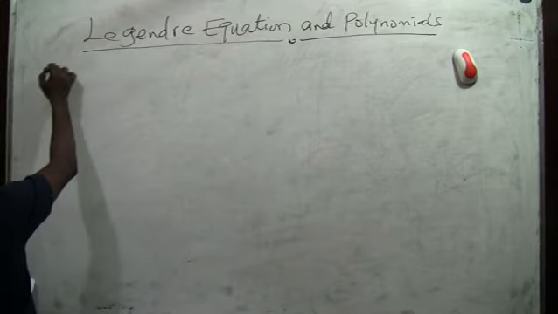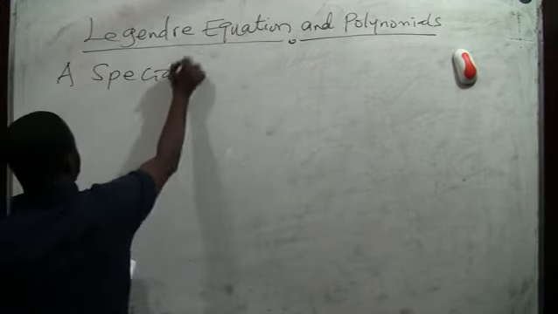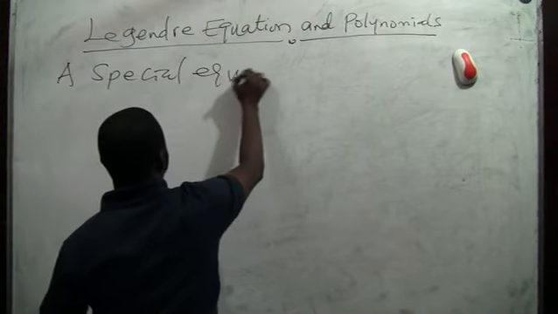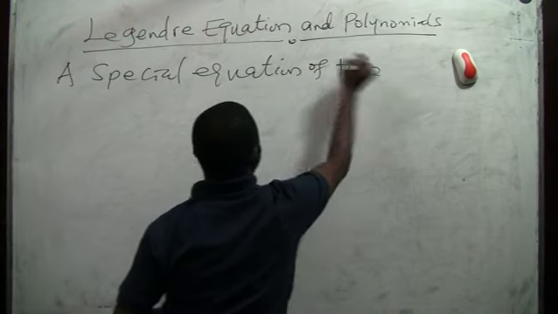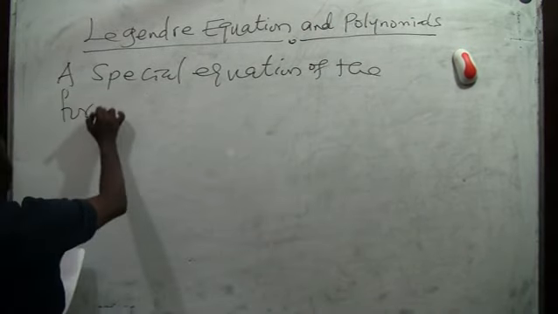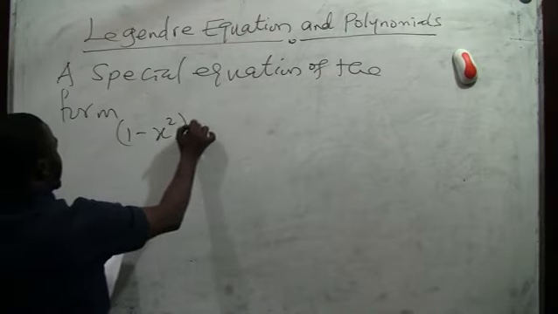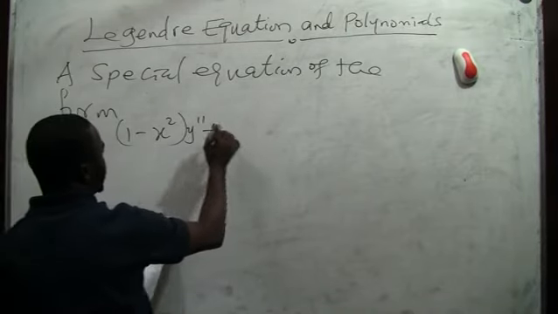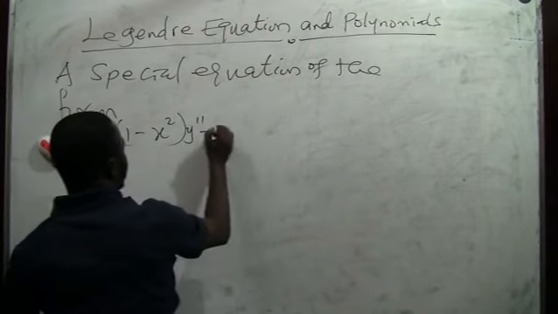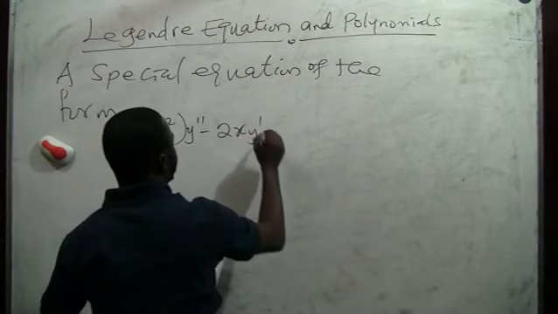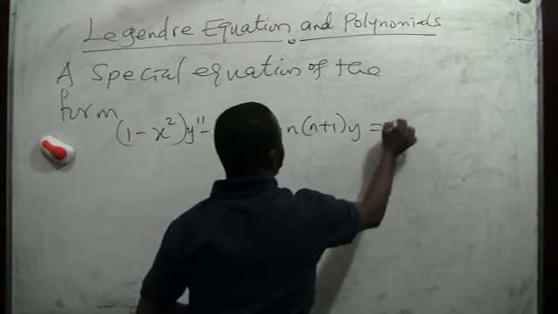A special equation of the form (1 minus x squared) y double prime minus 2x y prime plus n(n plus 1) y equals 0.